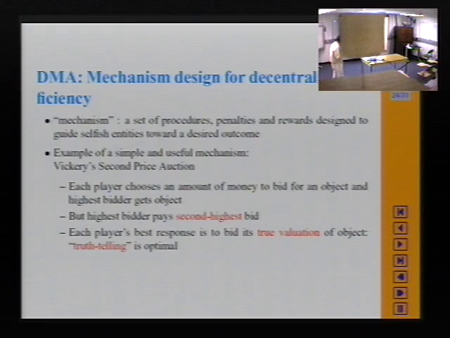A common mechanism that is well known is Vickrey's second-price auction. Vickrey was a professor at Columbia. He ended up winning a Nobel Prize in economics, and most of what he did was that he introduced the idea that when you're auctioning an object, you want people to bid an amount that matches their own evaluation of the object.